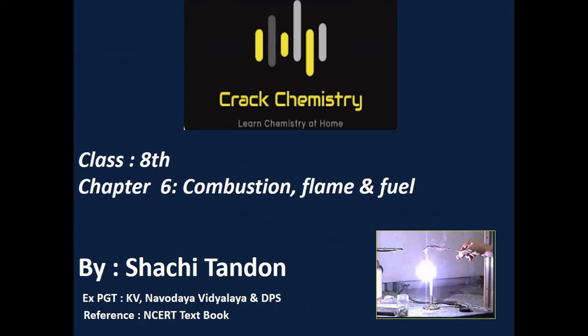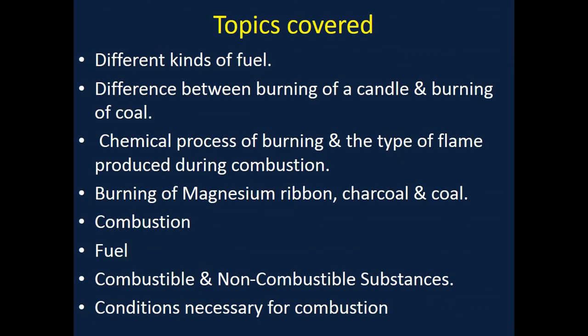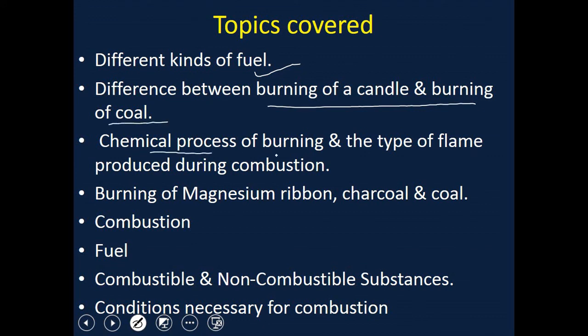So now let's see what we will study today. In this video, Combustion, Flame and Fuels, we will study about different kinds of fuels. After that, we will study the difference between burning of a candle and burning of a coal. After that, we will study the chemical process of burning and the type of flames produced during combustion.